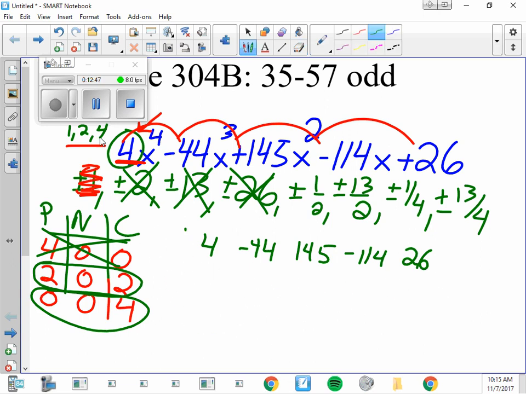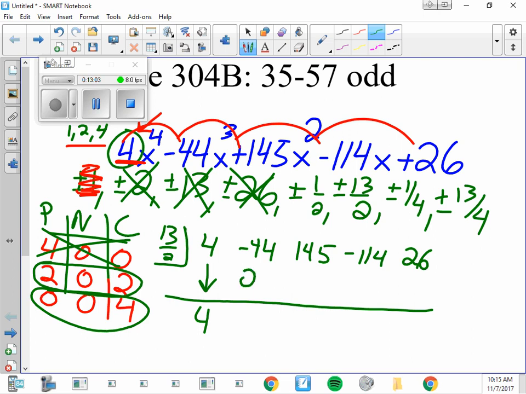Is that 13 over 2? So 13 over 2. All right, somebody with a calculator. That's actually going to be 26, right? 26. And negative 44 plus 26, negative 18. 13. I don't know what 13 times 9 is. 117.